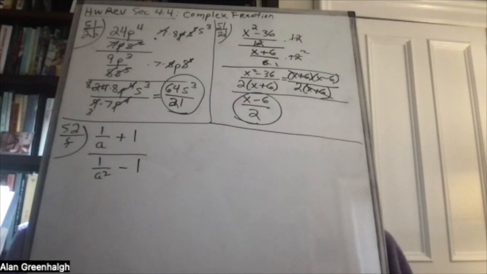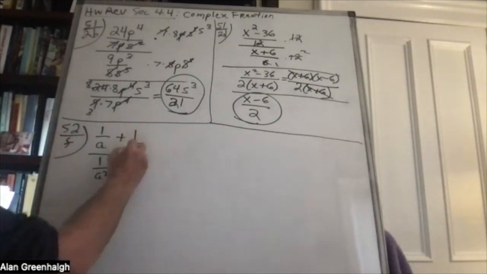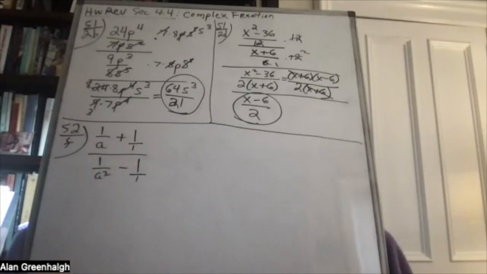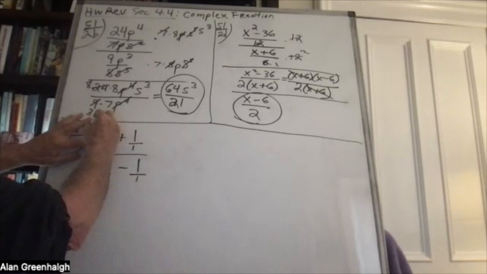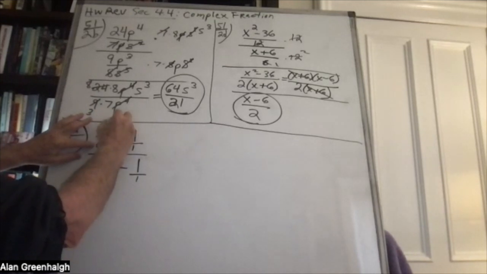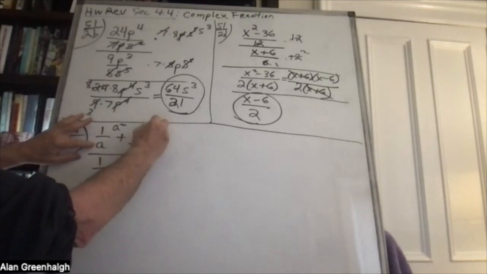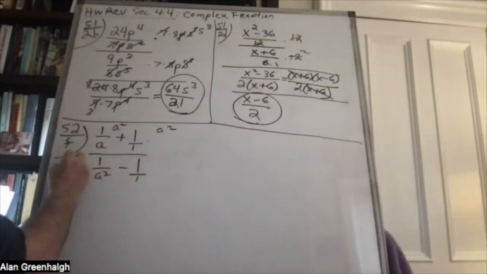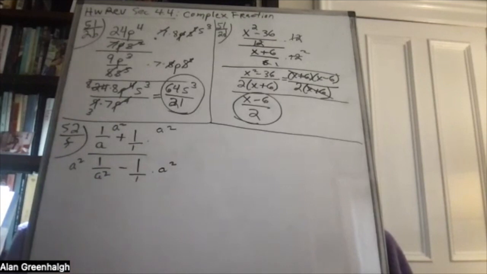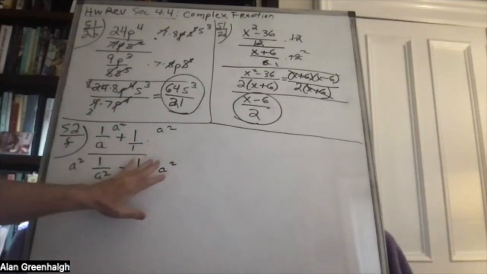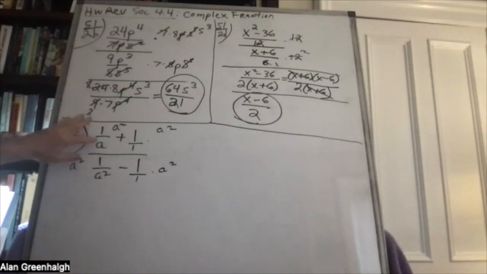Okay, so in other words, let's assume there's a denominator of 1. We're going to multiply everything here by a squared. Once you determine the least common multiple, you multiply every term by the least common multiple.